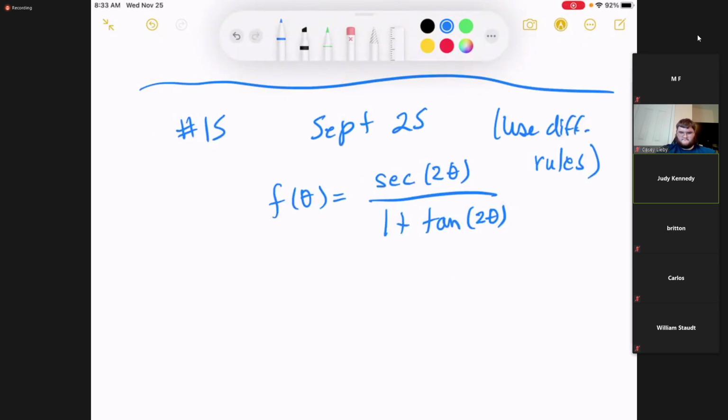Okay, so this is a quotient of 2 functions. So that means quotient rule. And that says I want the derivative of the numerator multiplied by the denominator.